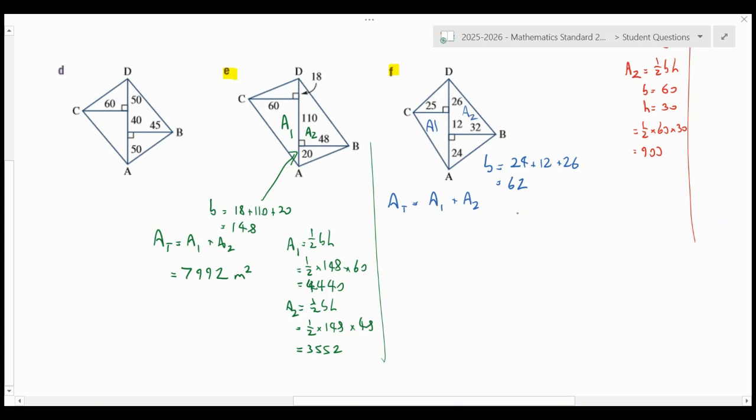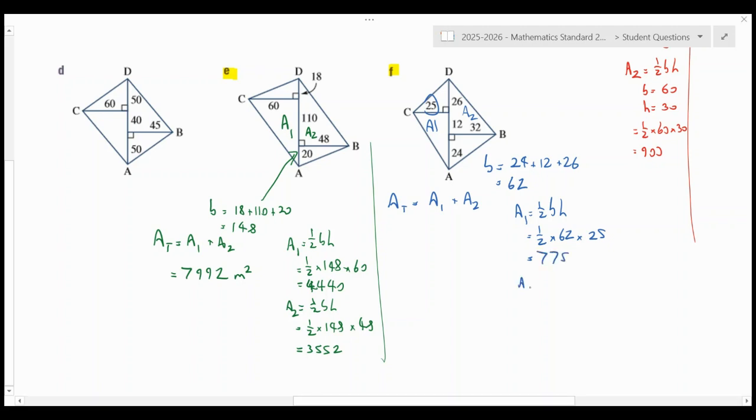We are still doing area 1 equals half base times height, which is a half times 62 times 25.